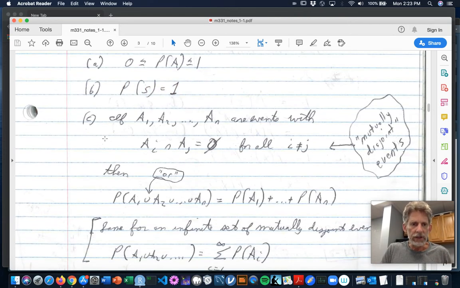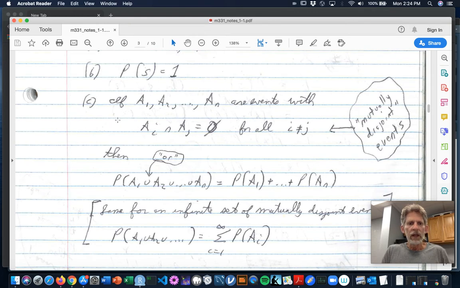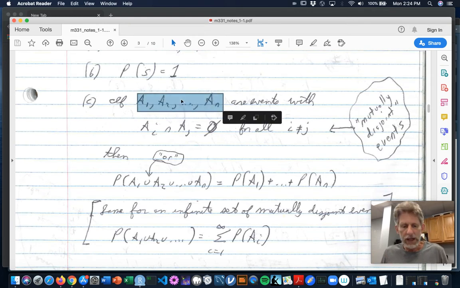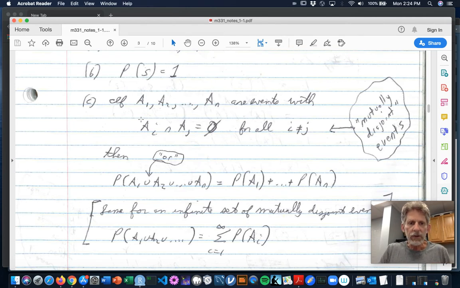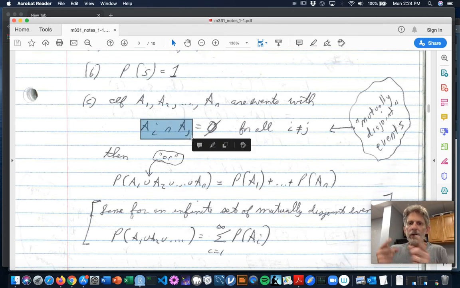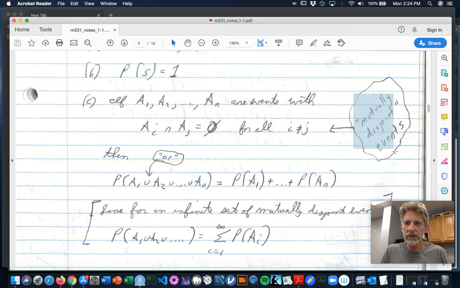And thirdly, condition C here: if you've got, say, n events, A1, A2, up through AN, and they have the property that any two different events intersect in the empty set, what we call mutually disjoint events, then think about the union of those events.